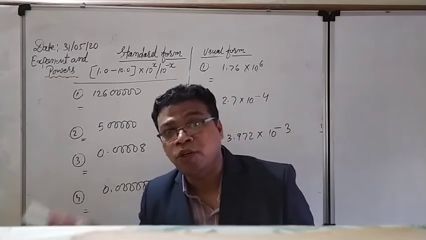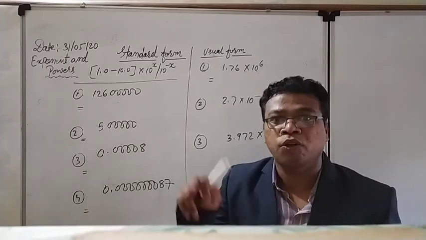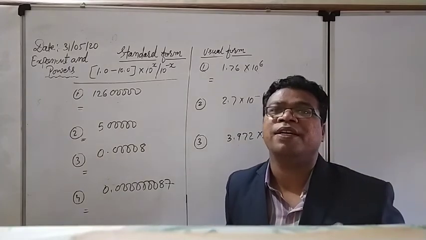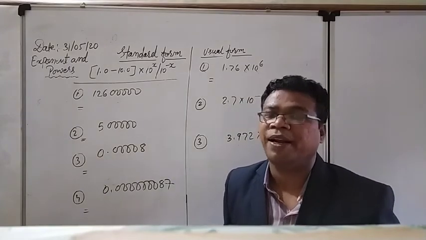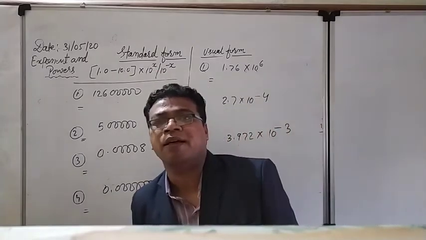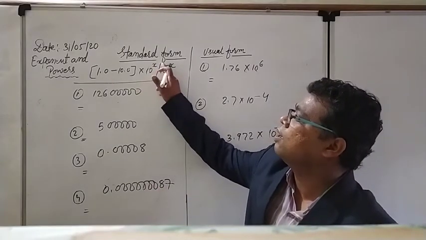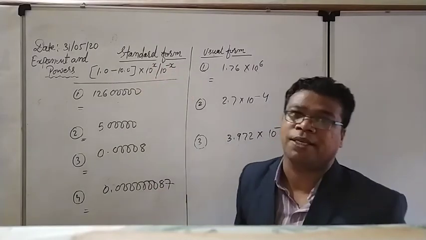And it is multiplied by a power of 10, and that power of 10 may be either positive or negative, and that's why I have written here 10 to the power x, oblique, 10 to the power minus x.